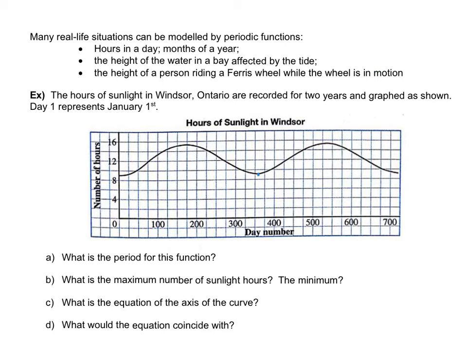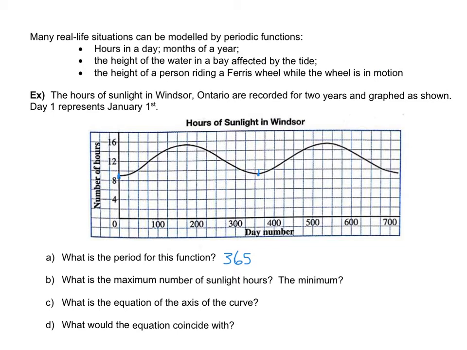It looks like it's maybe going from here to here, so just over 350. If you think of hours of sunlight over the course of a year, that's going to repeat over and over again every year. So if we go with that, the period of the function should be about 365 because there are 365 days in a year. It makes sense that it just repeats the pattern over and over again every year.